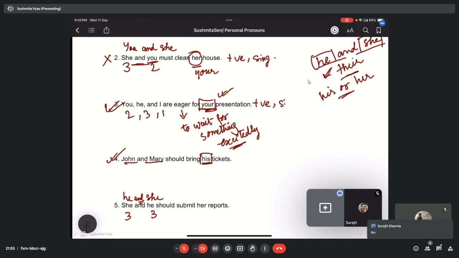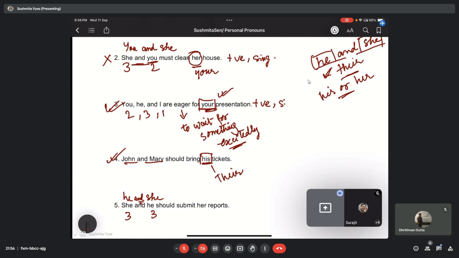No. Why? We are talking about two people. John is a male, Mary is a female. Let's assume John is the name of a male person and Mary is the name of a female person. So what will it be? Yes, Surajit, it will be their. John and Mary should bring their tickets.